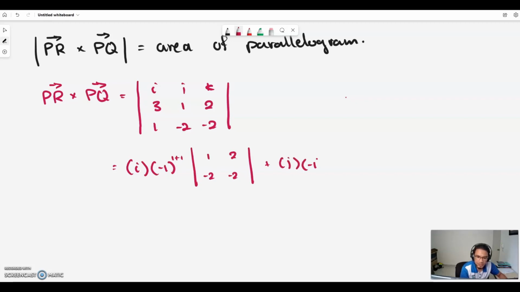Then the j, then the minor, and then for k.